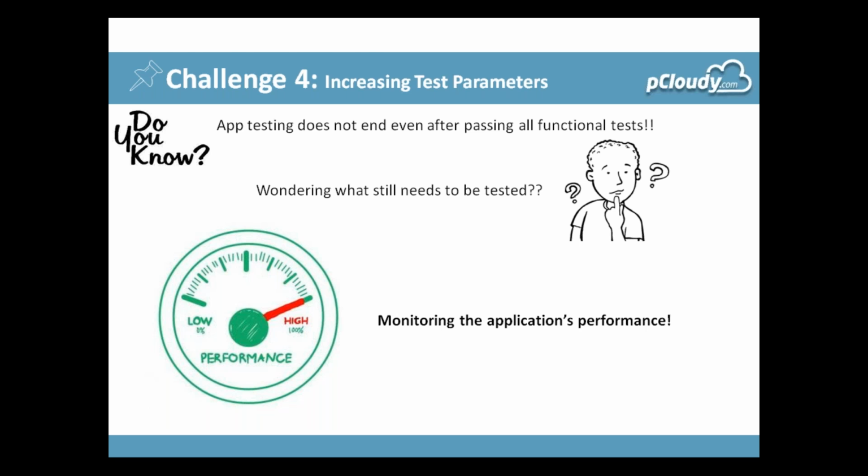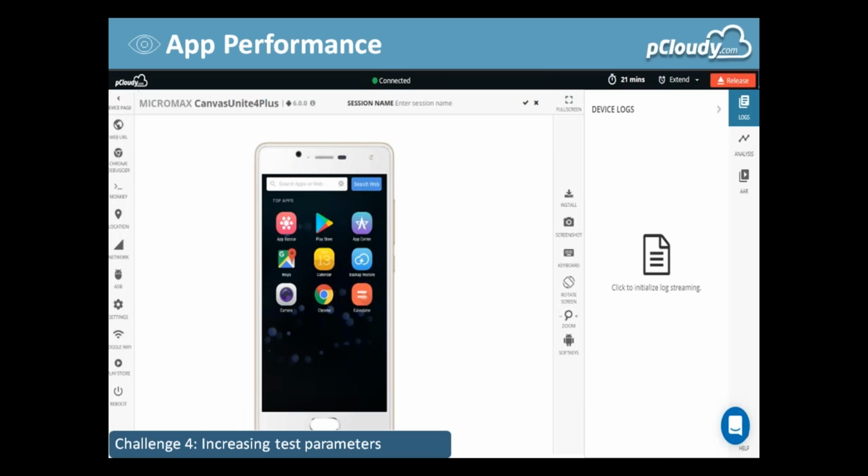And as part of pCloudy, again, we provide you a single click option to track the performance of the application when you are doing testing on a device. So I'm talking about the analysis tab here on the right side of the screen.